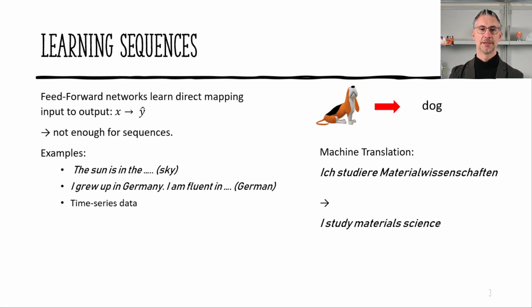Also time series data like sensor data where we capture values one after the other, and we might want to predict the next one. This is not enough to learn with feed-forward networks as such. Another application would be machine translation, like the German sentence, ich studiere Materialwissenschaften, would go to I study material science. And this also is very difficult to do with feed-forward networks, so we need a new approach.